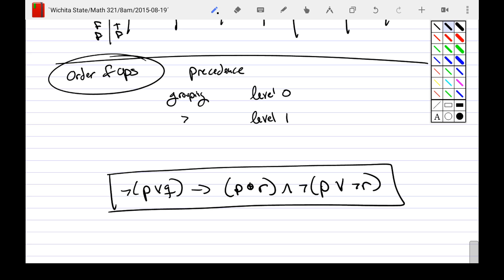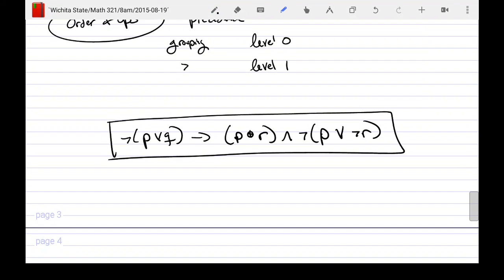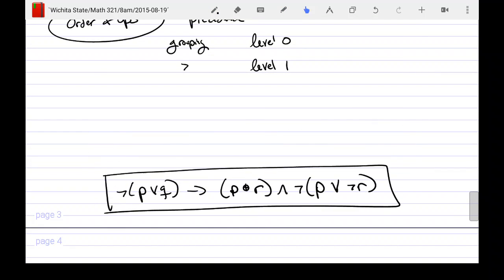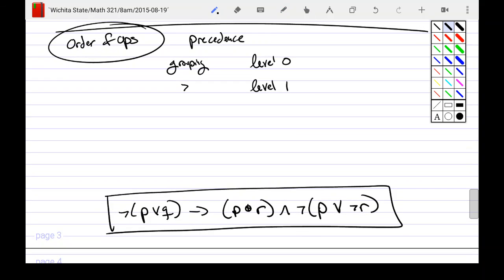And so when we're doing order of the operations on problems, you would have to go through here and say, well, how is this going to work out? Now, the book says and, or, and they put them at different precedence levels. That's not normal. The normal way of doing it is to say that and, or are all at the same level.